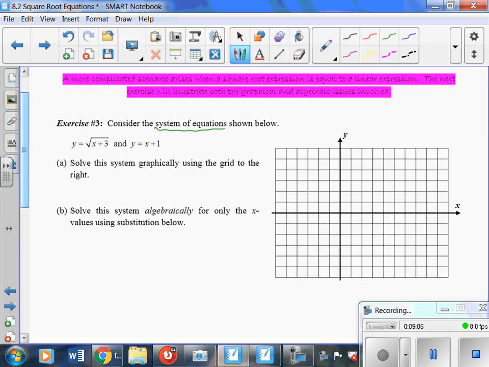So the first thing I'm going to do is draw my 2 functions. The second function here, I'll do this one in green, it's simply a linear function. I know the y-intercept is 1, and the slope is up 1 over 1. So I know this function's going to look something like this. Oh, that's a really bad straight line.